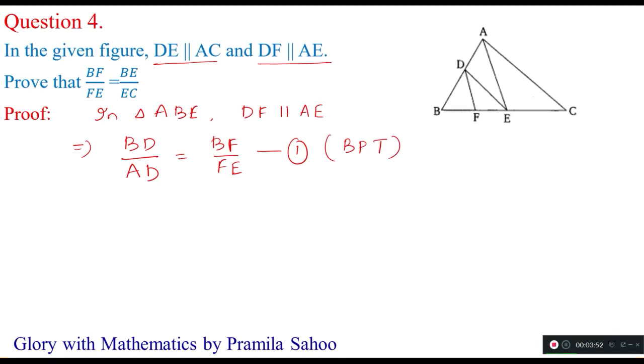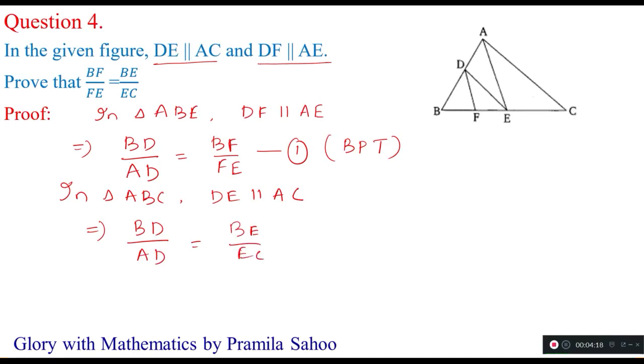Again you take the triangle ABC. In triangle ABC, DE is parallel to AC. So this implies BD by AD is equal to BE by EC. This is our equation 2.